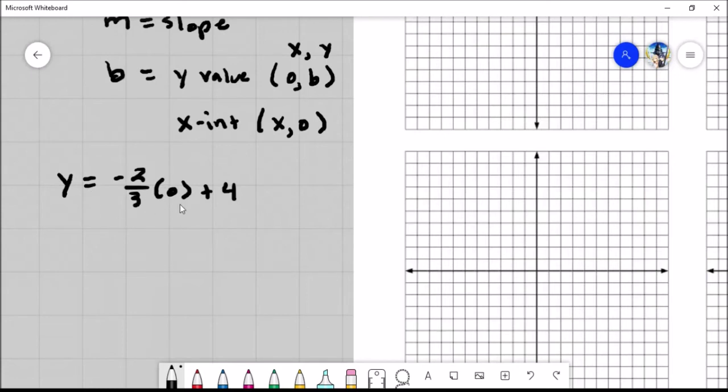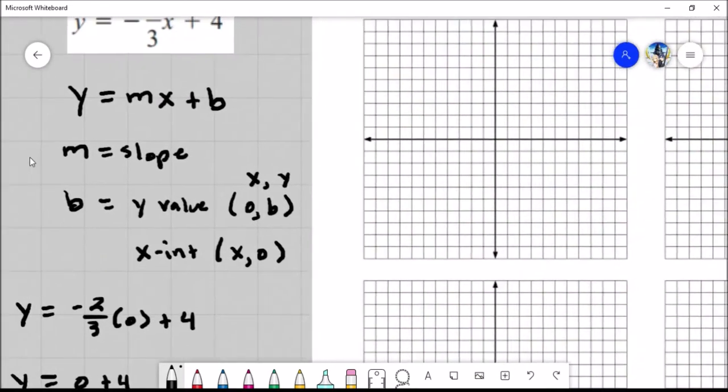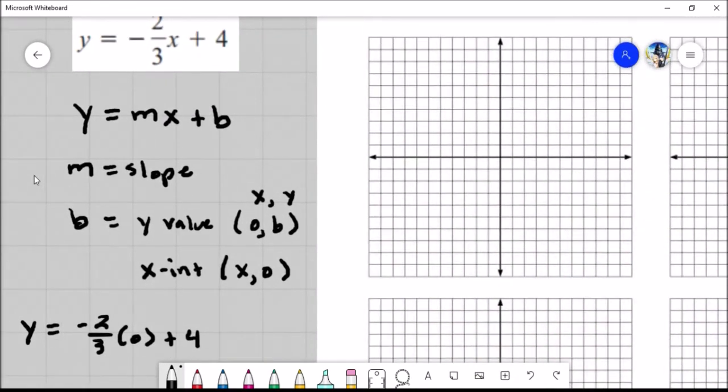Negative 2/3 multiplied by 0 is 0, plus 4 gives us 4. So the y value when x is 0 is 4. That tells us the y-intercept is 0, 4. So I found my first point that will go on this graph. Good. And that is all the evaluation we would have to do.